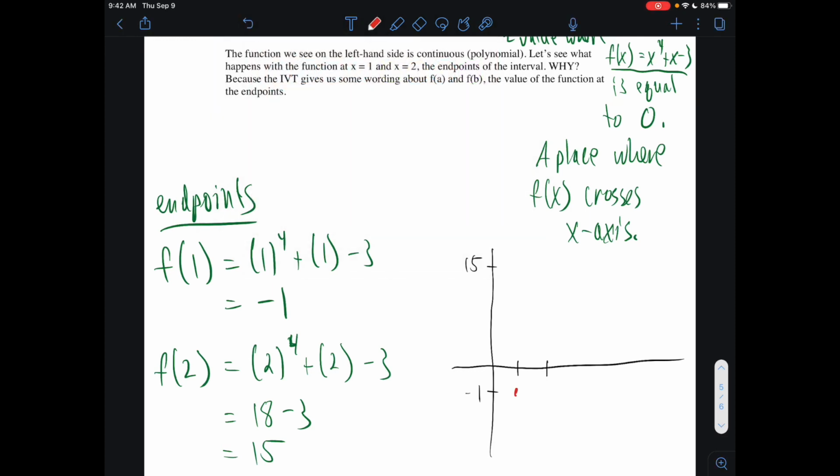So essentially we have this point, which is at 1, negative 1 on our graph, and then this other point, which is at 2, 15 on our graph. Remember, this is a polynomial, so it's a continuous function. So we have to have some place where, connecting these two dots, it has to cross through the x-axis.